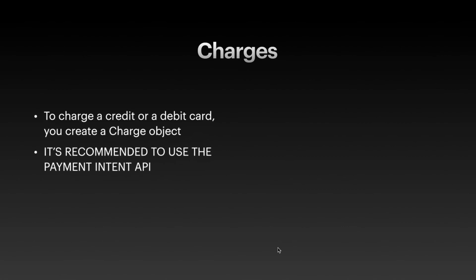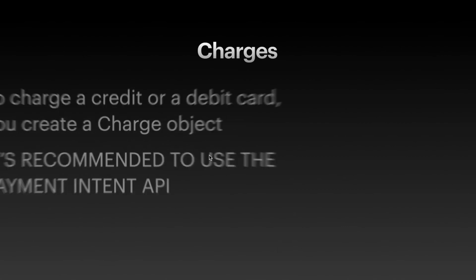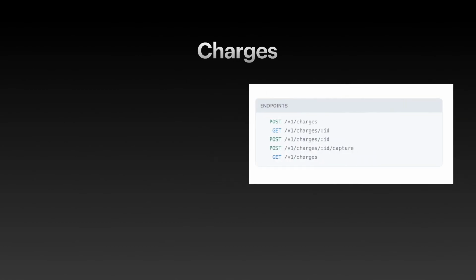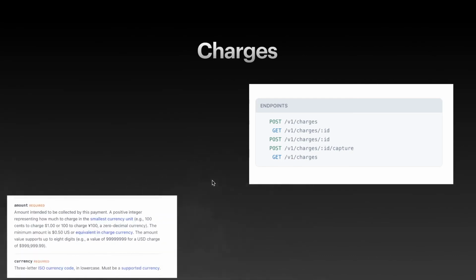Charges. This API is deprecated and we are not going to use it. We're going to use the Payment Intent API, which works with SCA and 3D Secure payments. But for your knowledge, Charges was an old API used in the past.